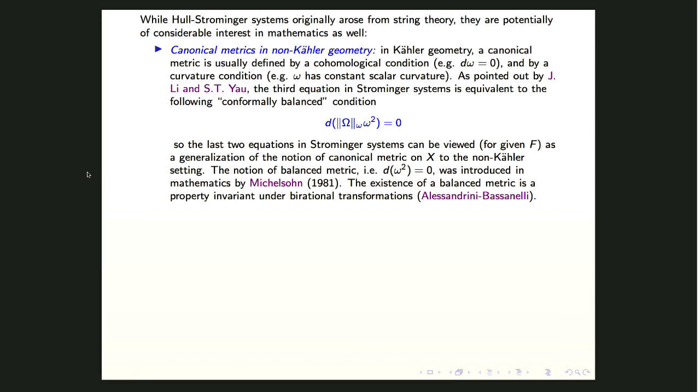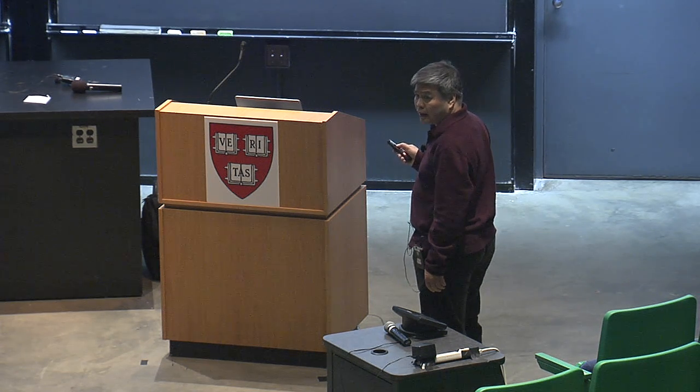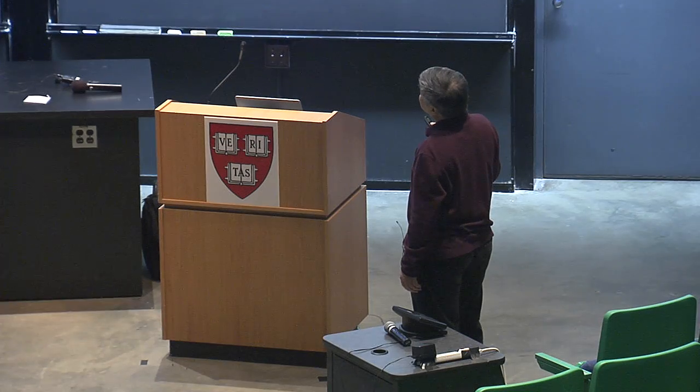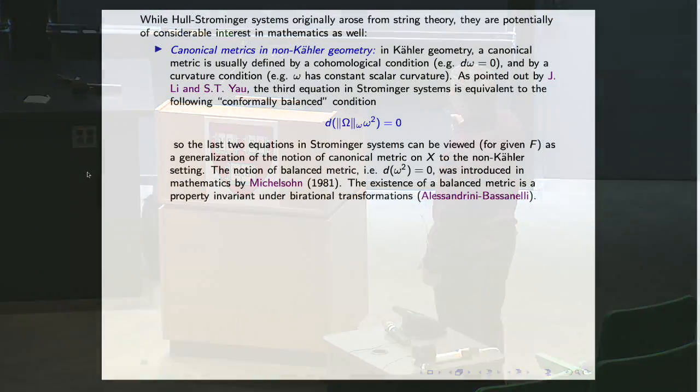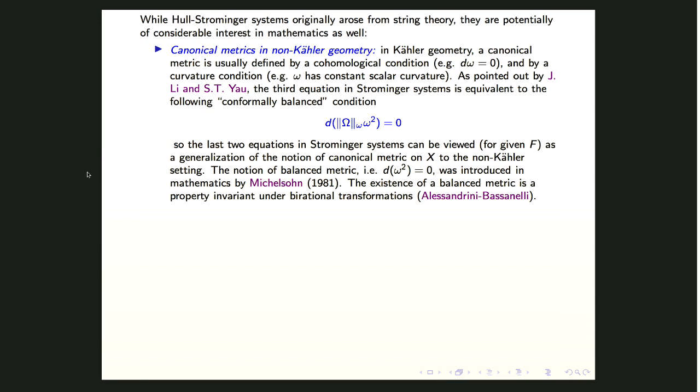The first one is that this set of equations perhaps can be interpreted as a kind of canonical metric in non-Kähler geometry. The reason is that in Kähler geometry, a so-called canonical metric is typically defined by a kind of cohomological condition, such as d omega equal to 0, and then by a curvature condition, such as omega having constant scalar or Ricci curvature.